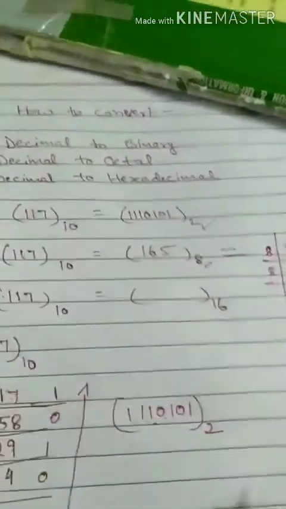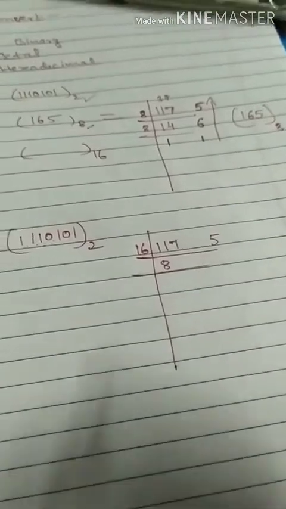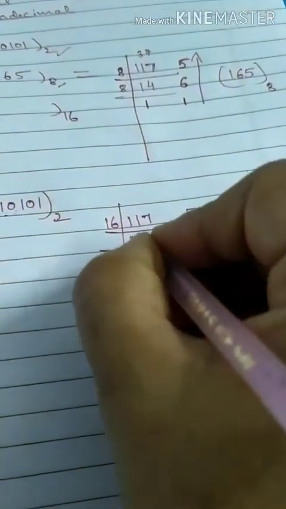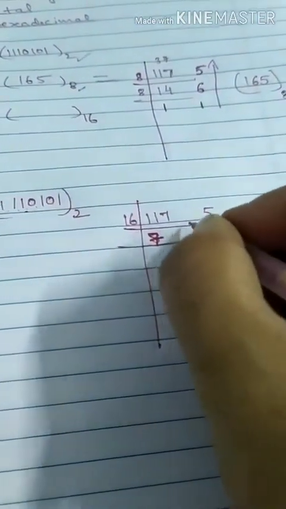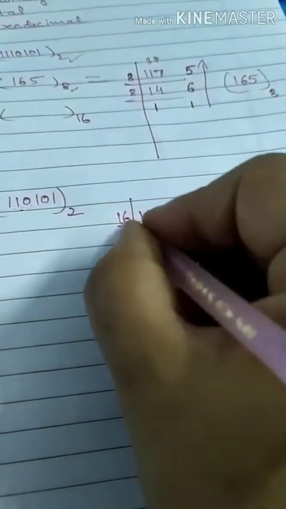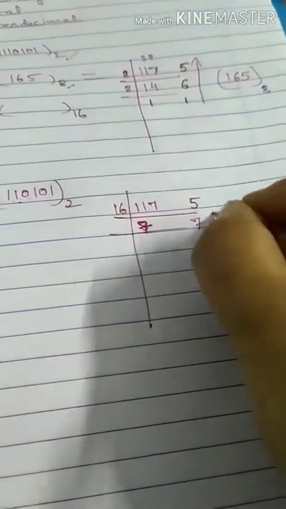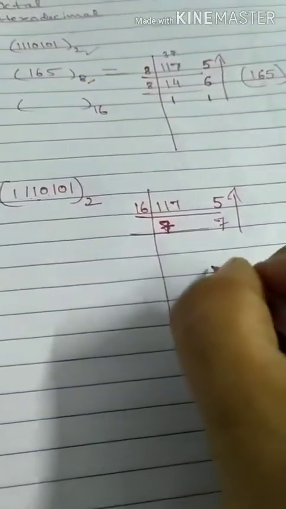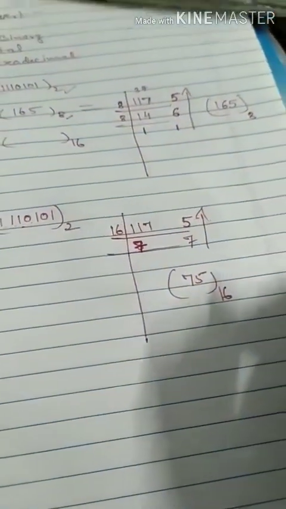Let's see. 16 7s are 112 and remainder is 5, and now 7 is not divisible by 16, so copy here 7 again. 75 base 16.